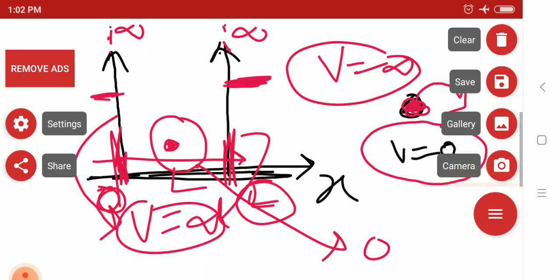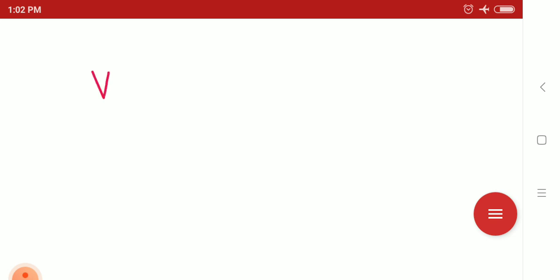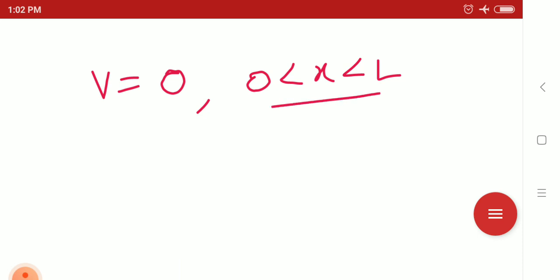So how can we define this? Whenever we define a system, we actually define the potential of the system. The potential of the particle is what? For a free particle it is 0, but only inside that box. So the potential will be 0 only within the range 0 to L, meaning 0 less than x less than L, within the length of the box, but infinite otherwise.